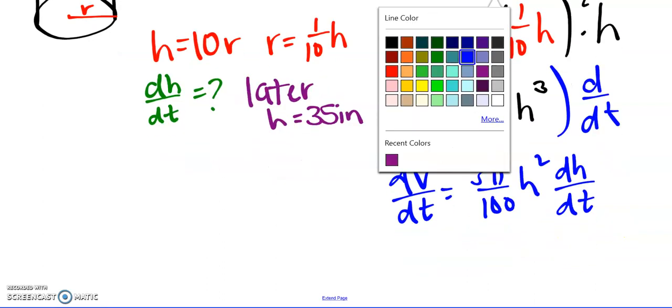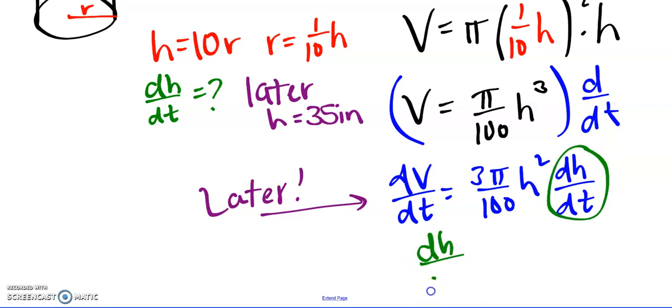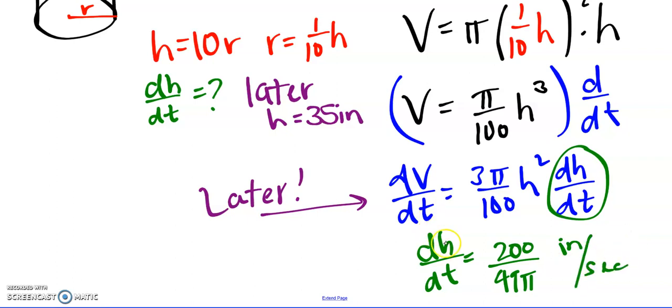Now, because I've taken the derivative, it's officially later, and I can substitute in all of my different things. I'm looking for dh/dt, what I was hoping to solve for, and we end up with dh/dt equal to 200 over 49π inches per second, because again, H is measured in inches, time is measured in seconds for this problem.